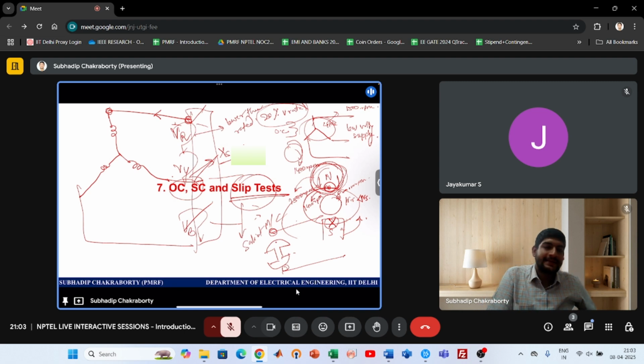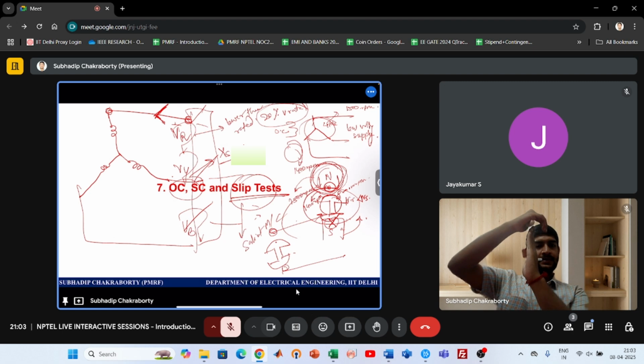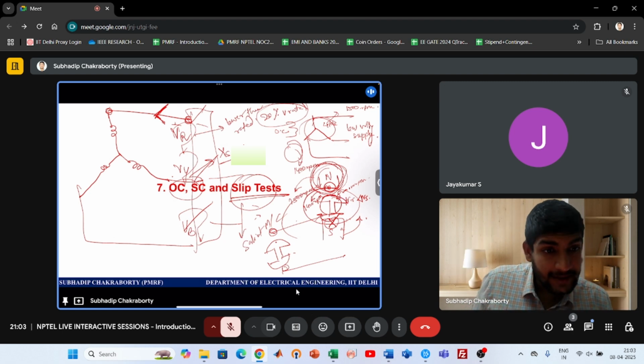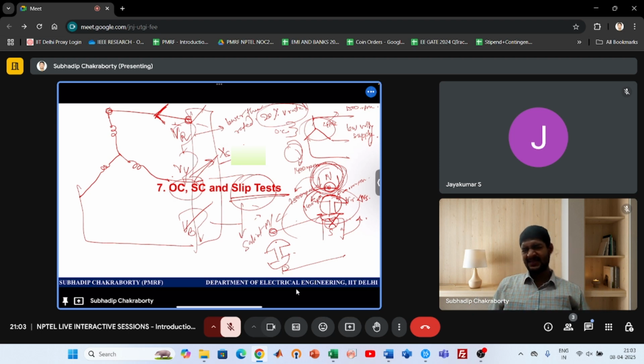Now, based on the reluctance of the flux path, it will draw a variable amount of current, what we call the no load currents or whatever you want to call it. This current will be more or less depending on the rotor position, when it is coming exactly below R. The current drawn by the coil will be more or less.